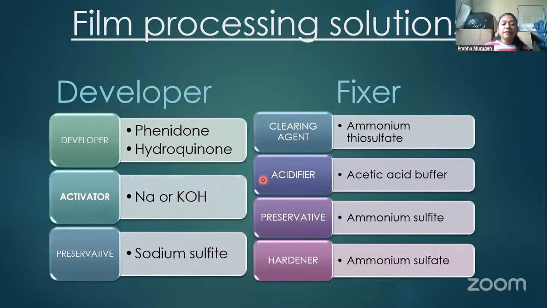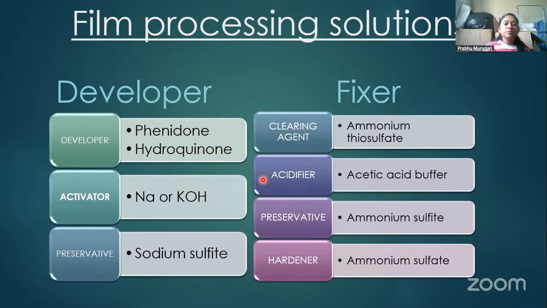Okay. So for the developer solution, we have three components. First is your main developer. Second is your activator to activate the developer, and then you have a preservative to maintain it for a particular period of time. The main component of the developer solution is your phenidone and hydroquinone. Okay, so this is like the dye that is going to give the border or the outline.